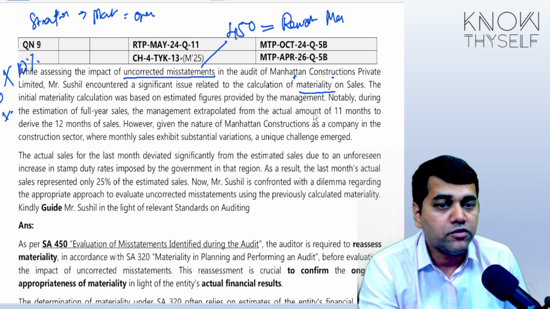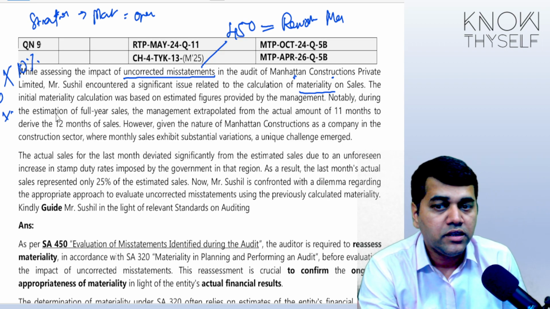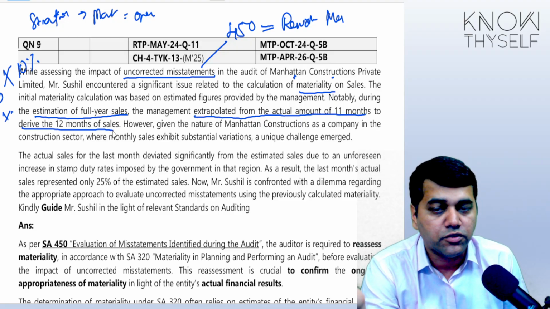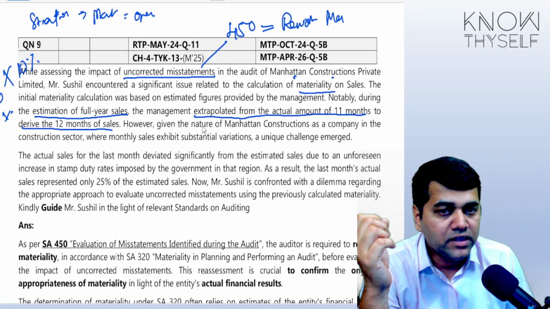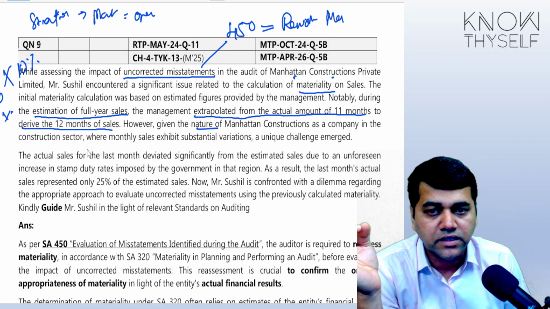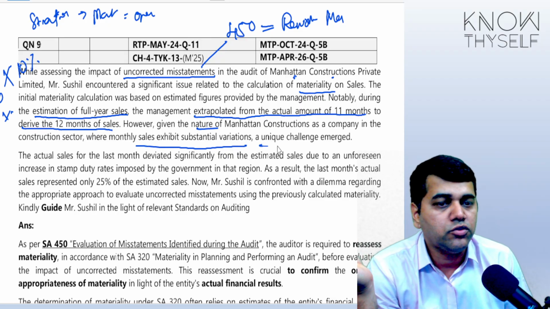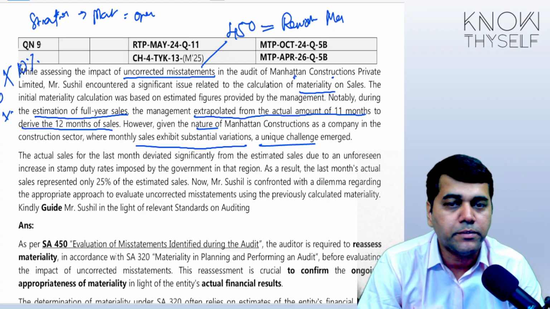The initial materiality was based on the estimate. Notably, during estimation of the full year's sales, management extrapolated from the actual amount of 11 months to derive 12 months of sales. However, in the construction sector, monthly sales exhibit substantial variation. So unique challenges are going to emerge.